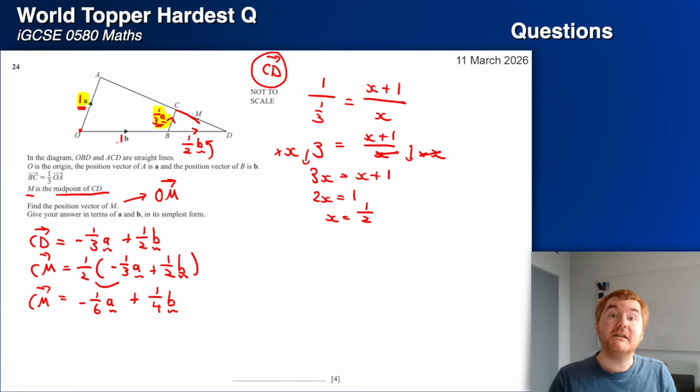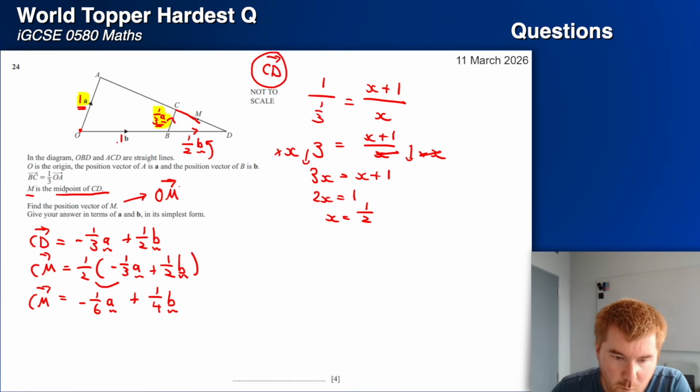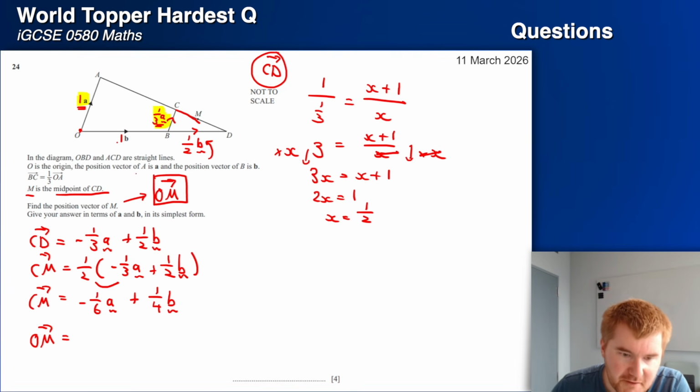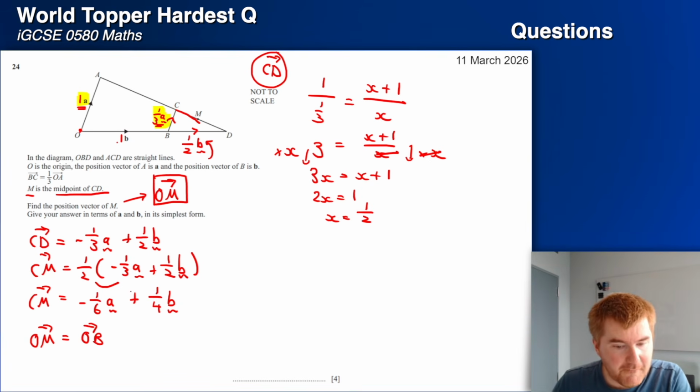So I've got my building blocks now to actually work out what the question wants me to do, which is work out the vector OM. So the vector OM, let's just go through this nice and clearly. We're going to go from O to B, then B to C, and then finally C to M. I'm going to write these steps out, so if I make a mistake, I'm still going to get 3 out of 4 marks here.